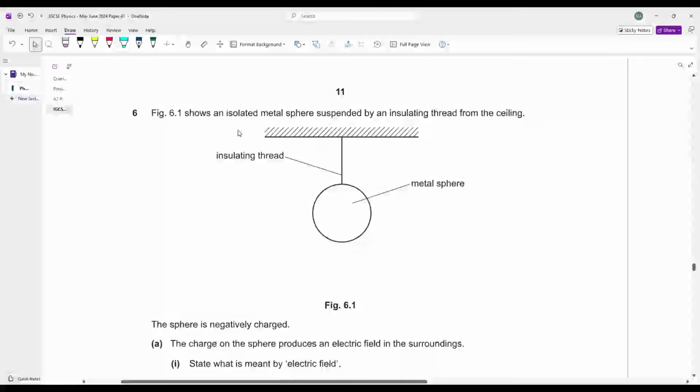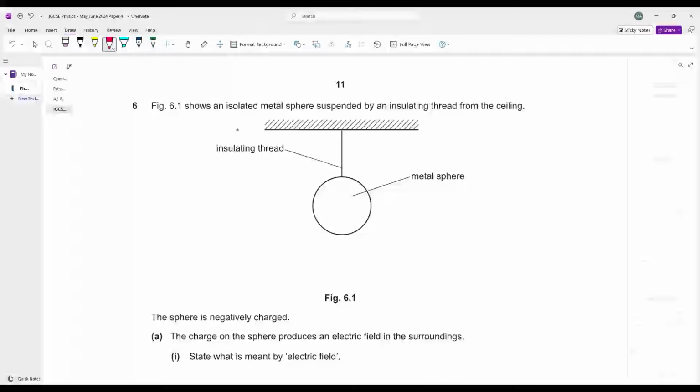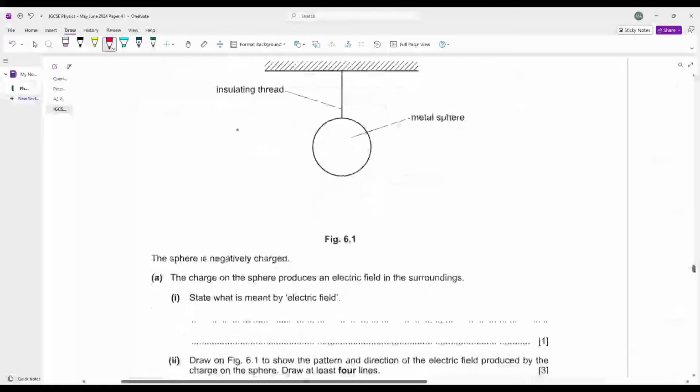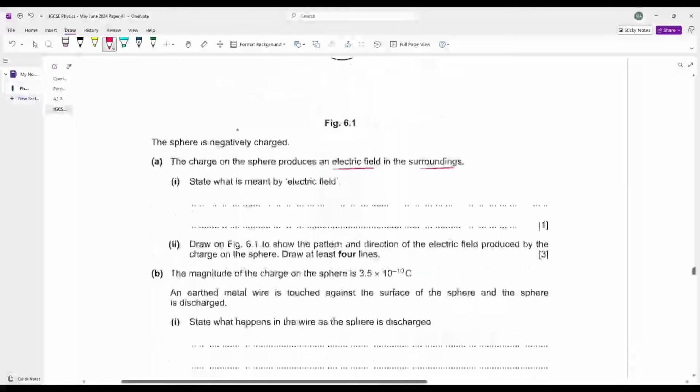Let's further move ahead. Figure 6.1 shows an isolated metal sphere suspended by an insulating thread from the ceiling. Perfect. The sphere is negatively charged. The charge on the sphere produces an electric field in the surrounding. State what is meant by an electric field.